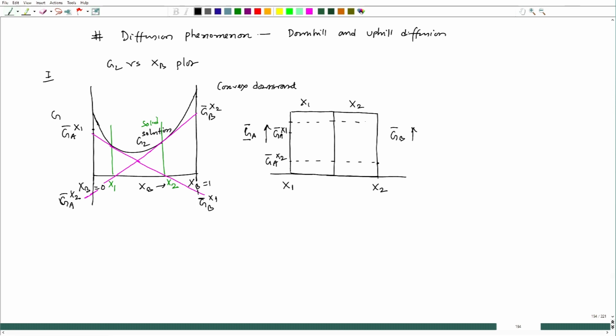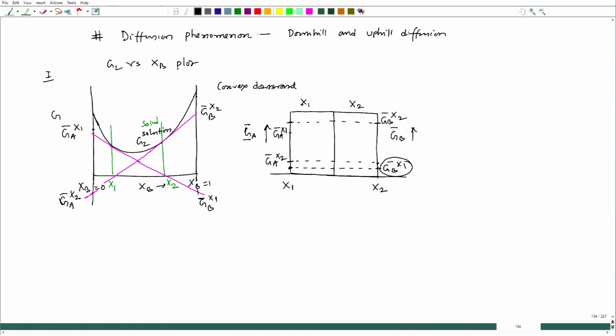Now, this would be Gb bar x2, and this is my Gb bar x1, this point. These are the points, and I can draw the line like this. So this is the variation with the composition x1.